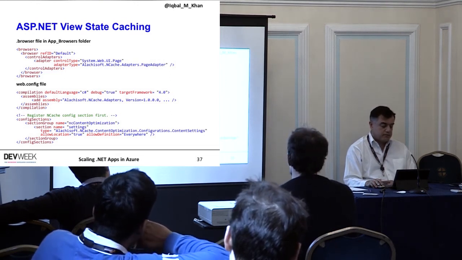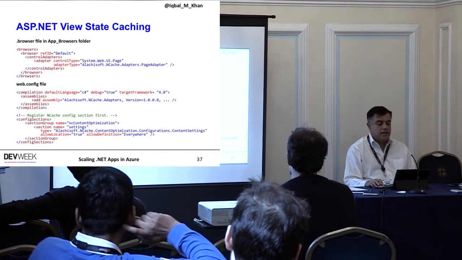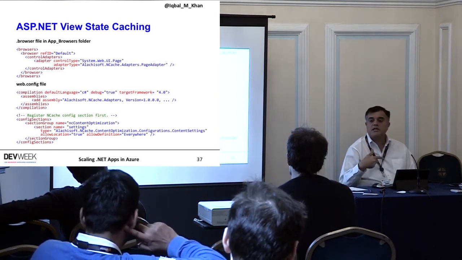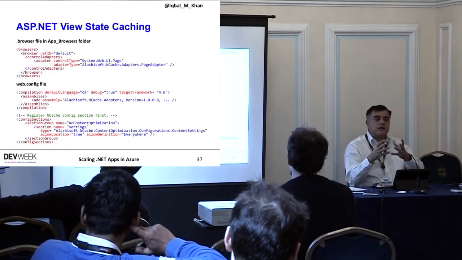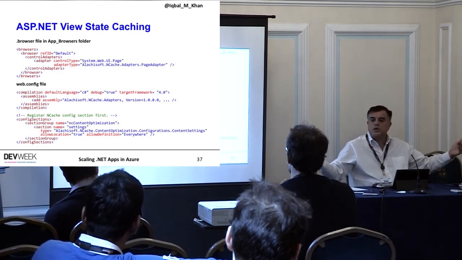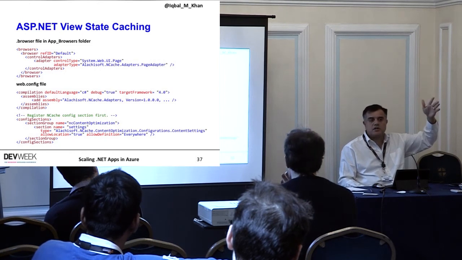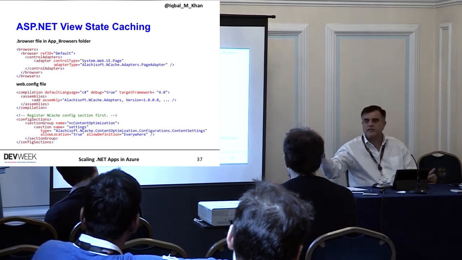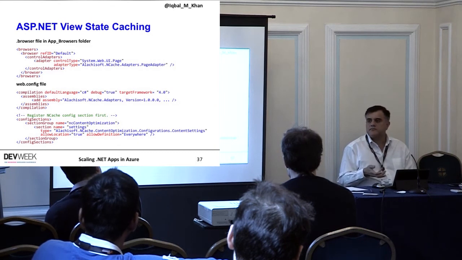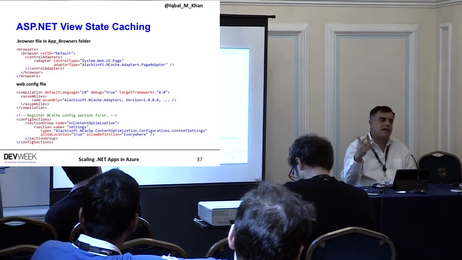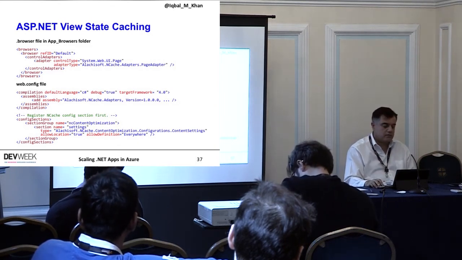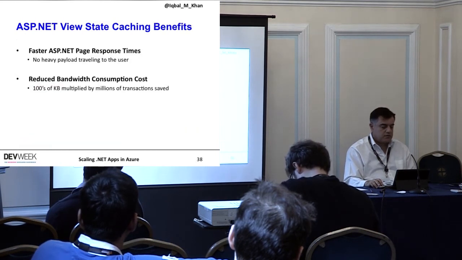Pretty straightforward. And the view state, when you cache it in a distributed cache, it is immediately available in the entire load balanced web farm. So if the original request started from server 1, now it goes to server 5, it's going to pick up the same view state as compared to each server having its own view state. So that's the benefit. I've talked about this already.